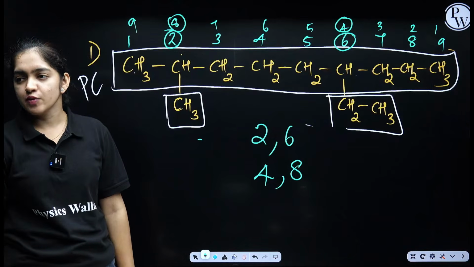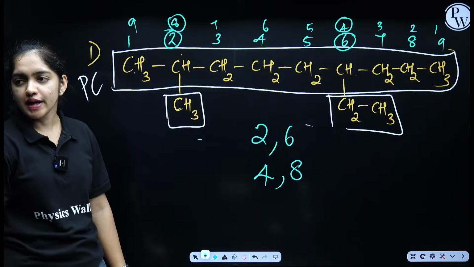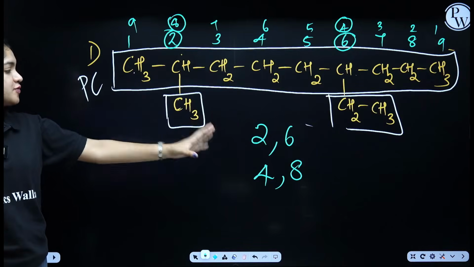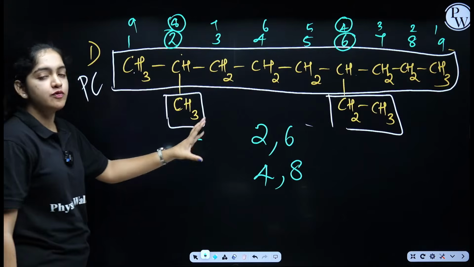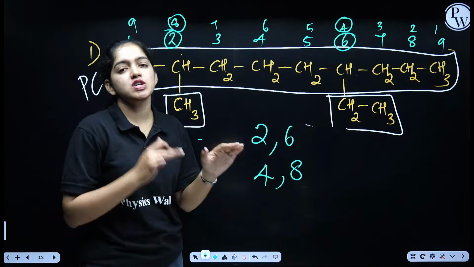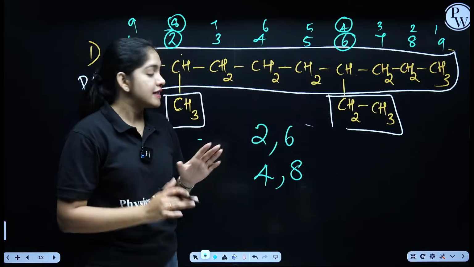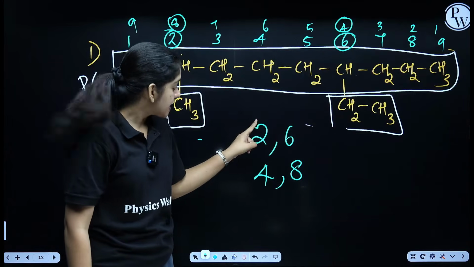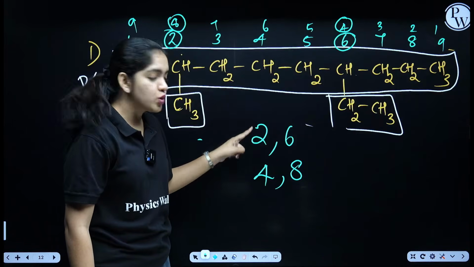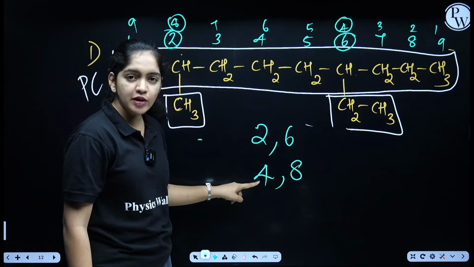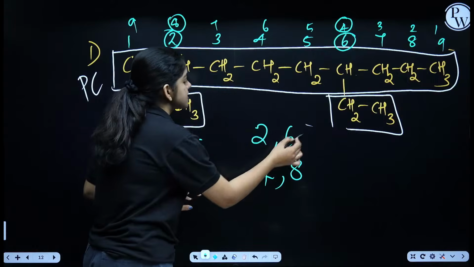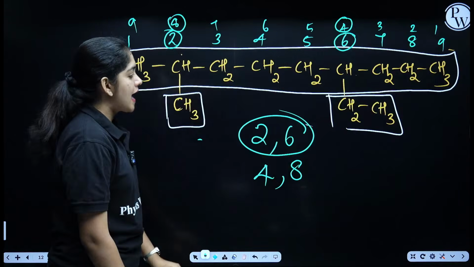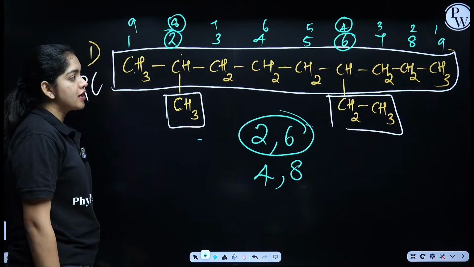Out of this, we should choose 2 and 6. Compare the two sets. Here 2 and 4, the smallest is 2. Then 6 and 8, 6 is the smallest. So we should choose this one: 2 and 6.